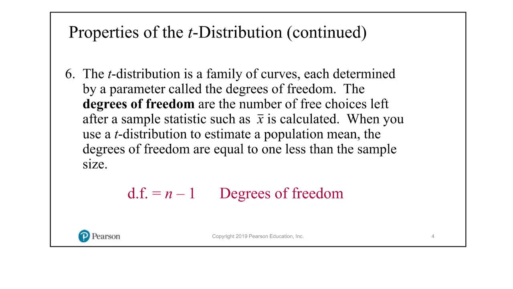The way to get that is we're just going to take the sample size minus 1. Essentially, we've lost 1 degree of freedom in making our calculation of the sample statistic, and that's why n minus 1. So we have to remember that the degrees of freedom is always 1 less than the sample size.